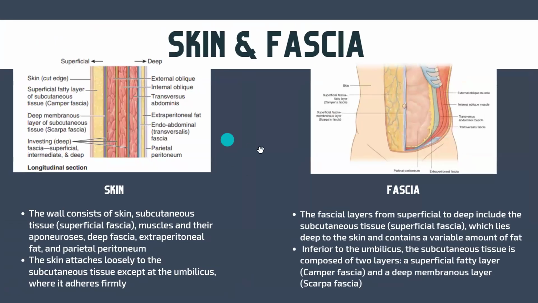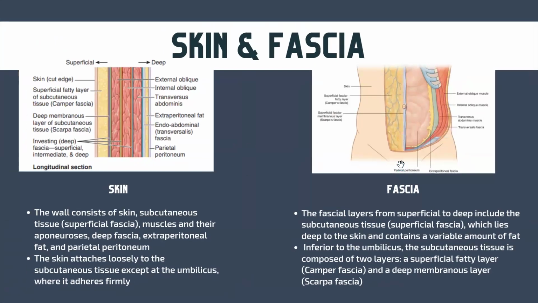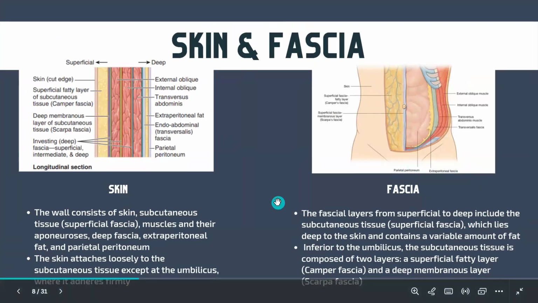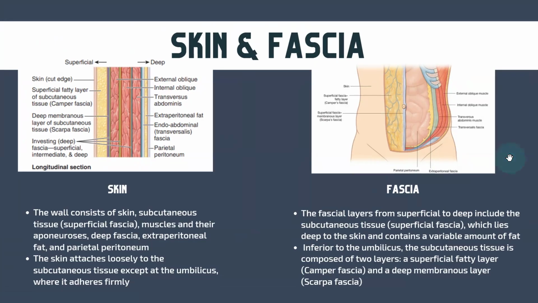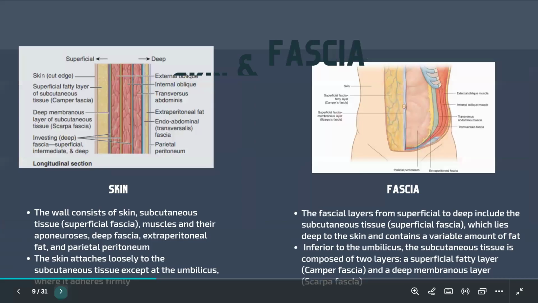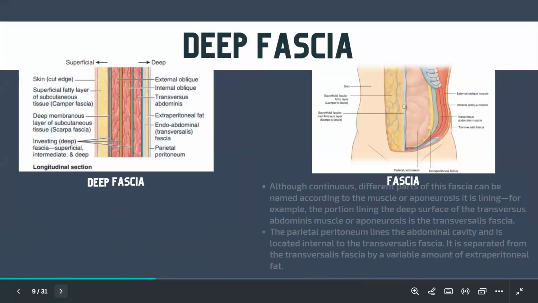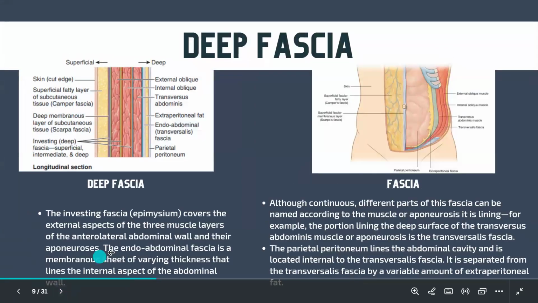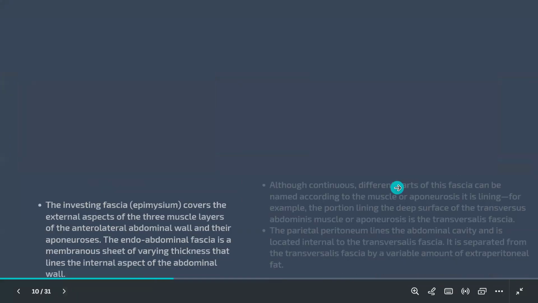Now, all these things have been discussed here in the picture. You can read it here or here. So let's move on. We will see many interesting things. Again, we have the deep fascia and other fascias here.